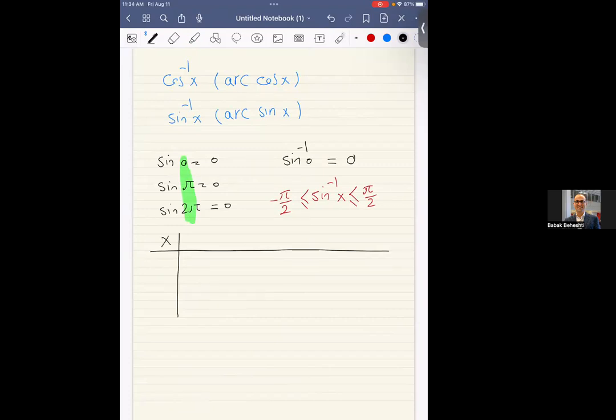So let me write x: minus pi half, minus pi over 3, minus pi over 4, minus pi over 6, 0.